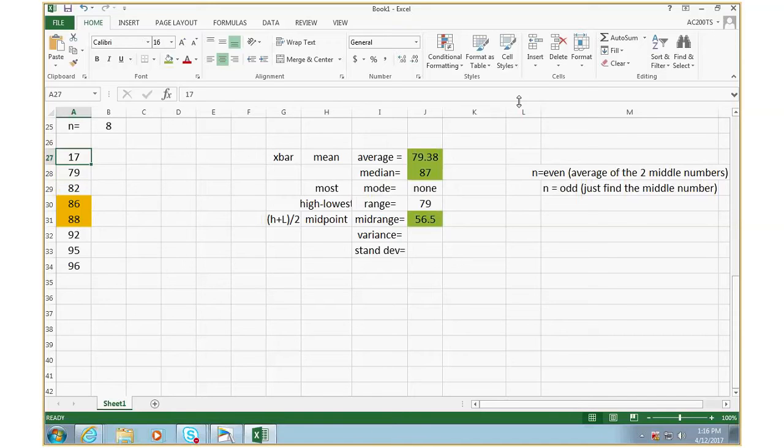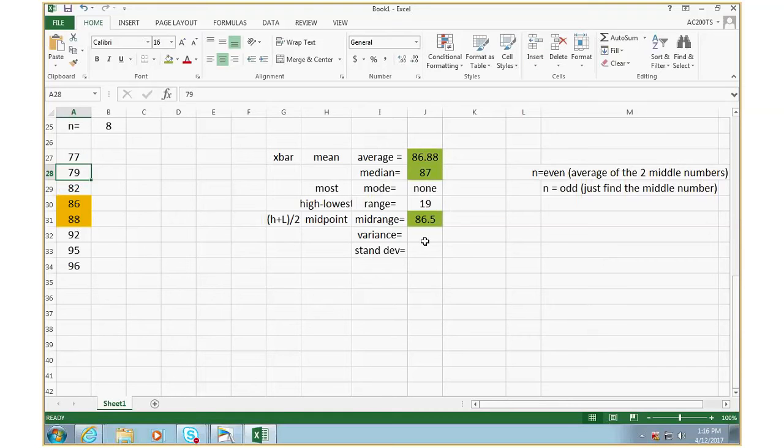So I like to tell students that you need to treat the mid-range, if you wanted to plot these points on a number line, as a point on the number line with 77 and 96. It wouldn't be a location point. Okay? All right.